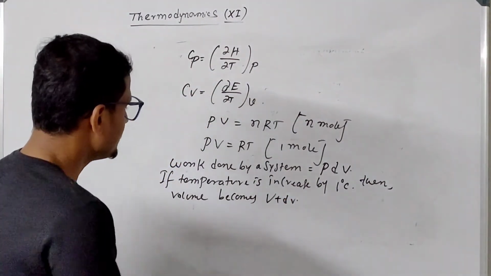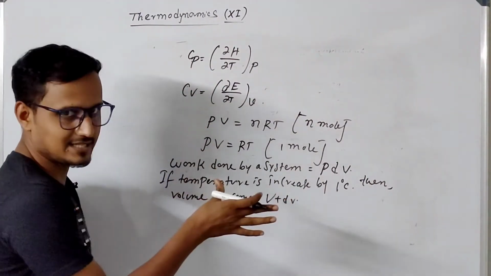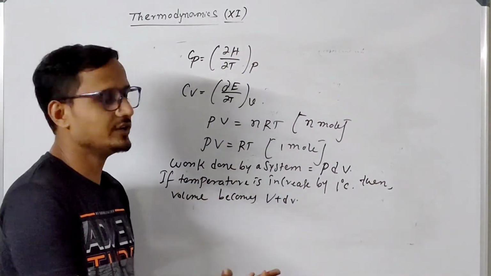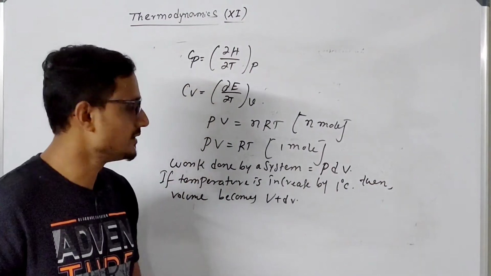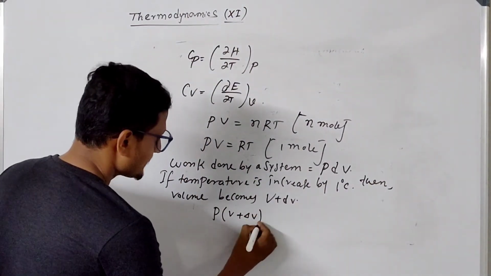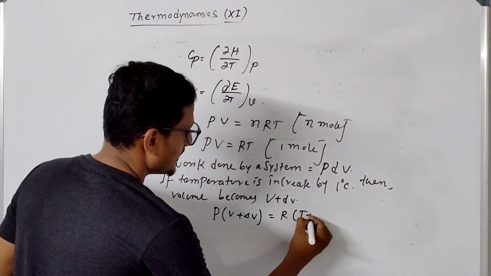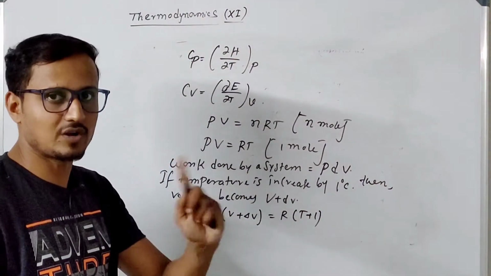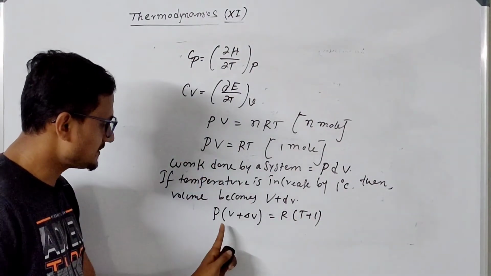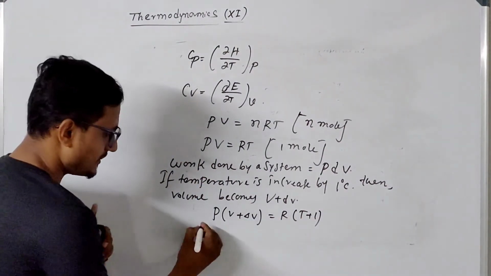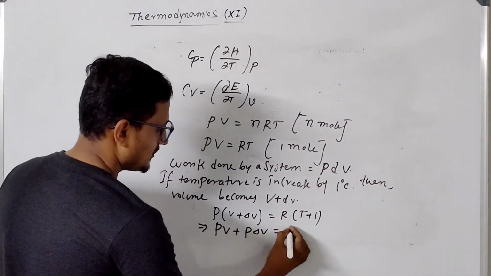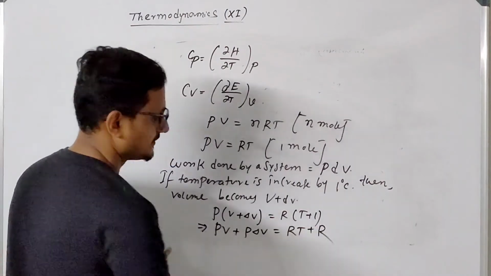So instead of PV equals RT, when we are doing this for Cp and Cv, it will become P into (V plus del V) equals R(T plus 1). As we have increased the temperature by 1 degree centigrade, T becomes T plus 1 and V becomes V plus del V. Multiplying out, PV plus P del V equals RT plus R.